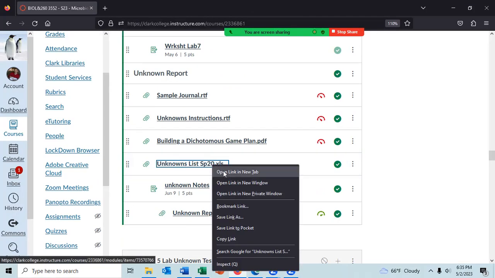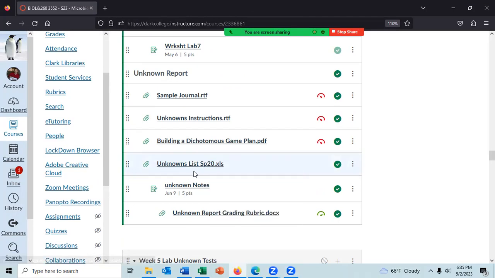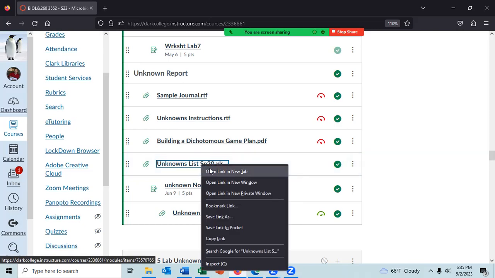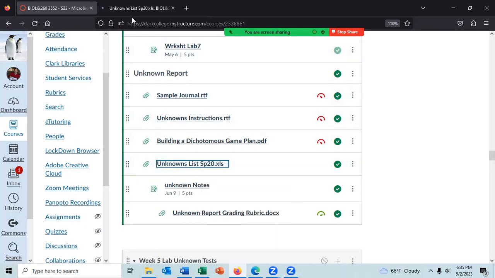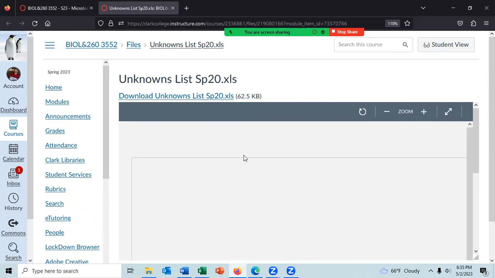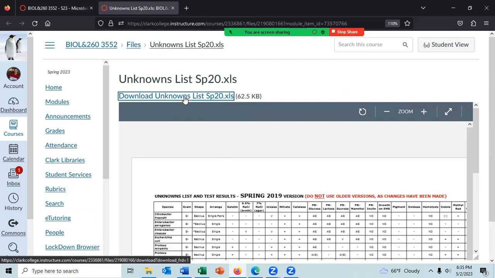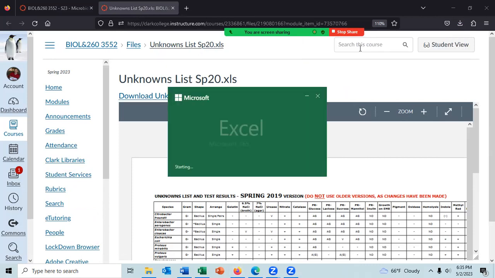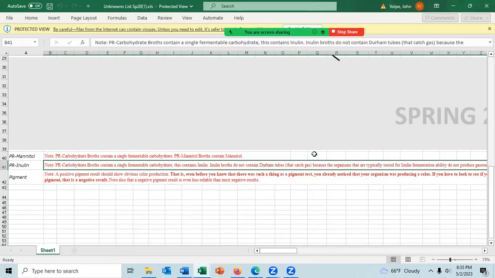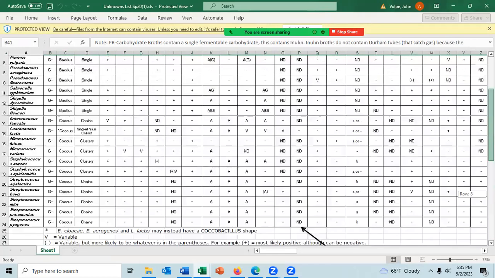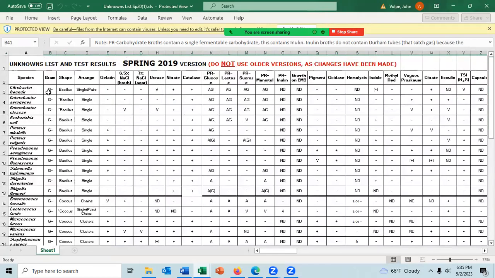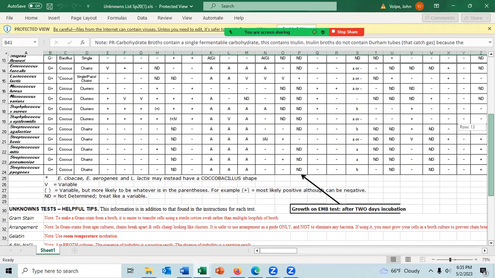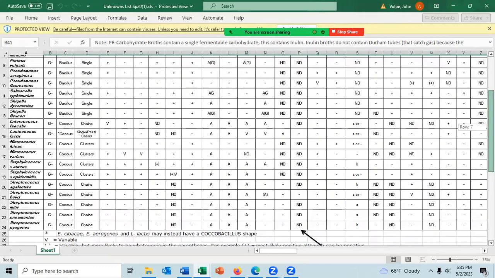The possible species are in the unknowns list, SP20. Let's download it. So the species are on the left here, and there's about 22 of them.